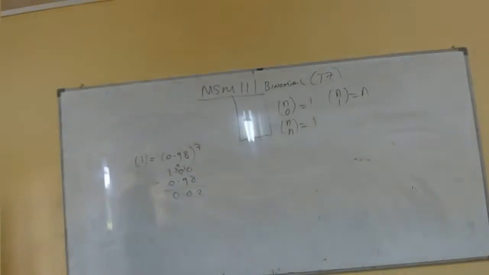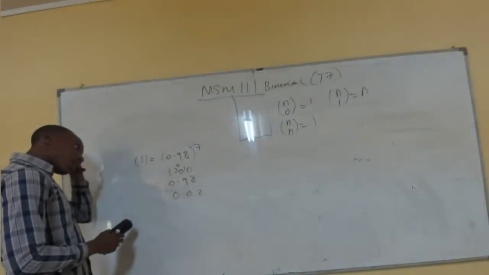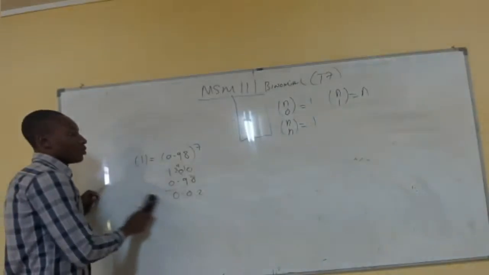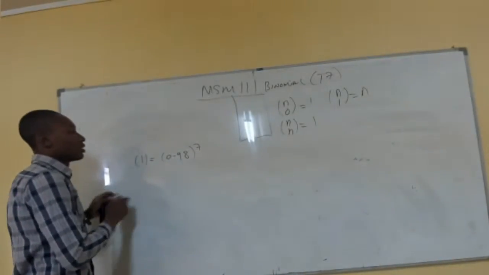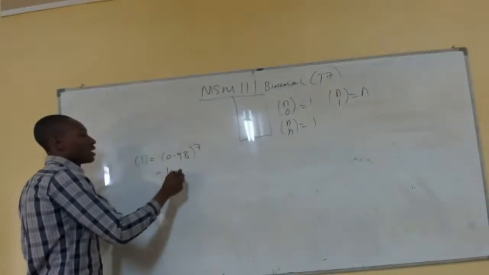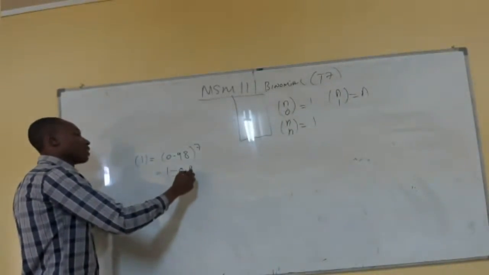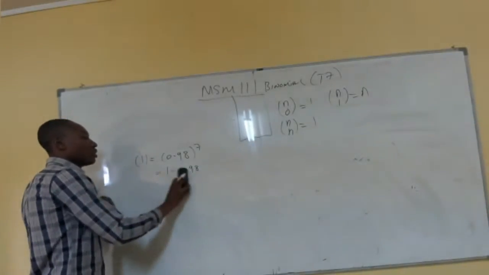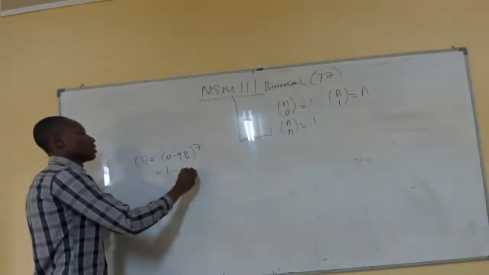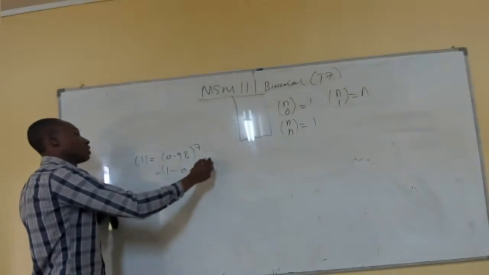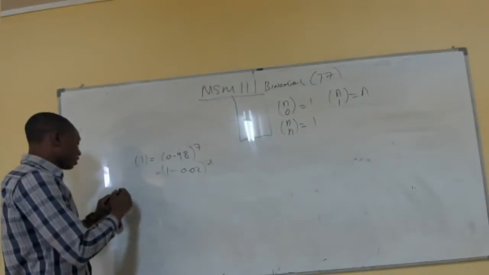Now that we know what they subtracted, we're using the binomial, so we can rewrite this. This is the same as 1 minus 0.02, to the power 7.